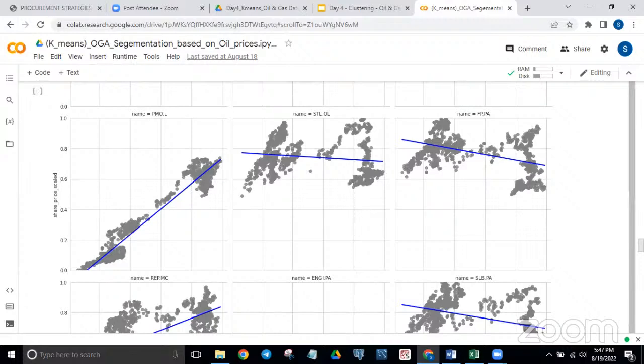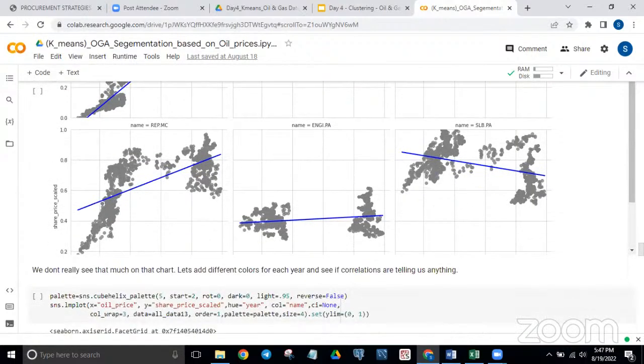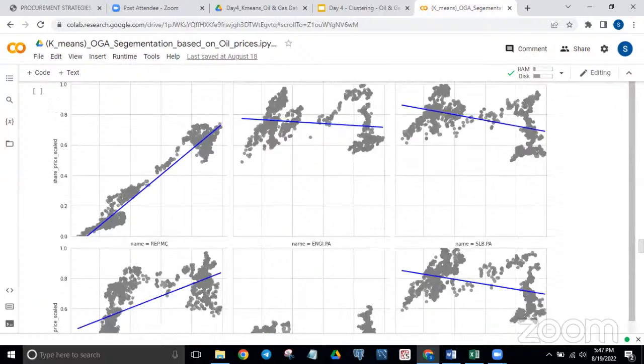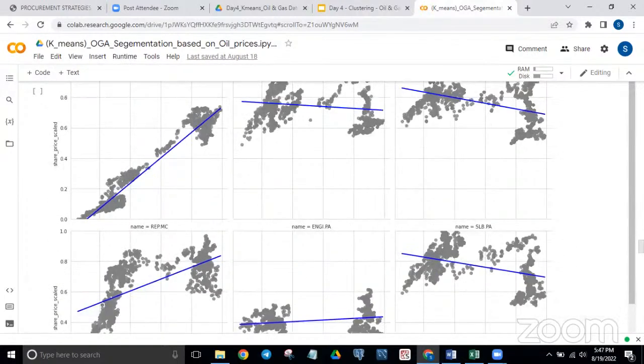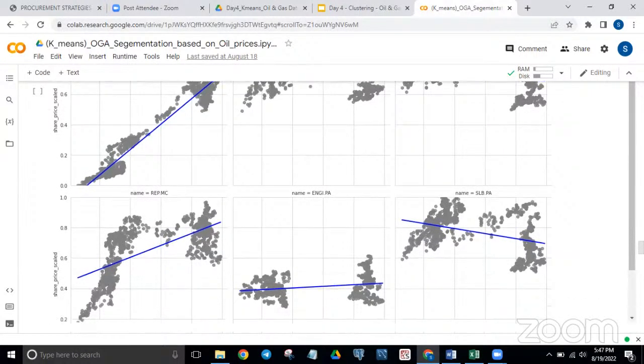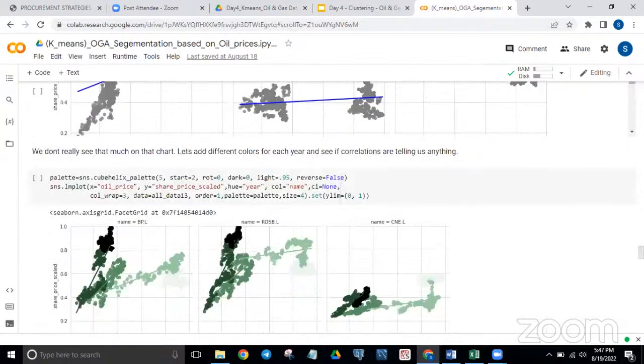For the remaining, we cannot predict much, but in case of PMO, I can see that there is some correlation here, and it is a positive correlation. I can say that it is a strong positive correlation. So we can find that out from these values.